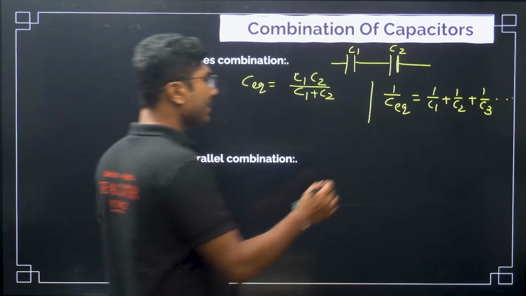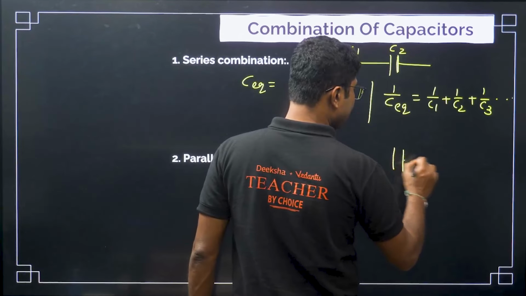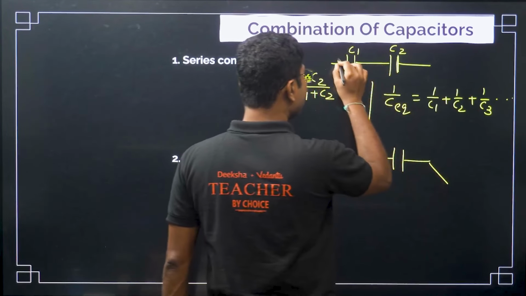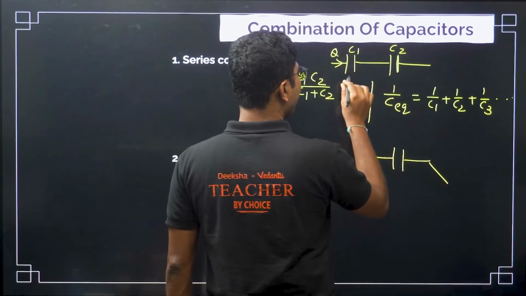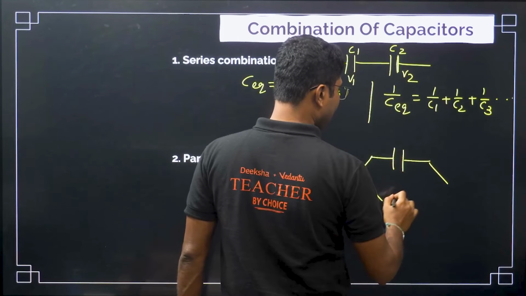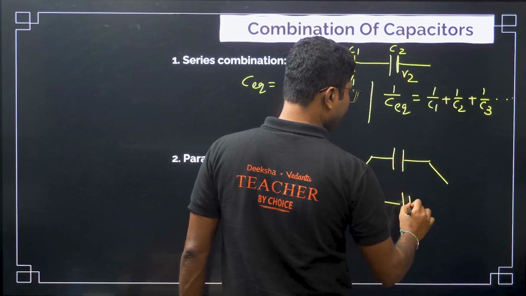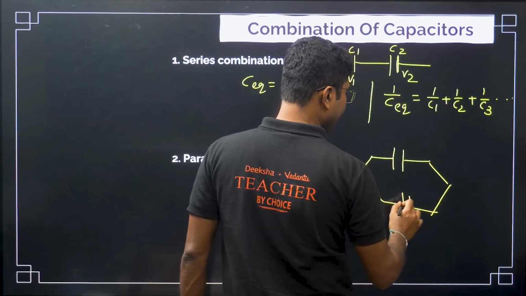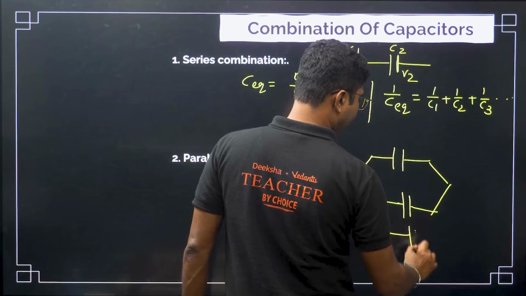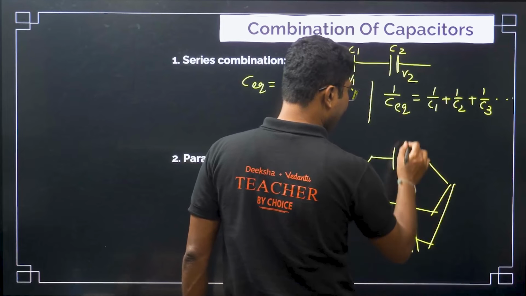Now parallel combination of capacitors is most easy. Remember that in series combination the charge is same, voltages are different. In parallel combination the charges are different, but voltage is same. And in parallel combination you can have as many capacitors as you want.